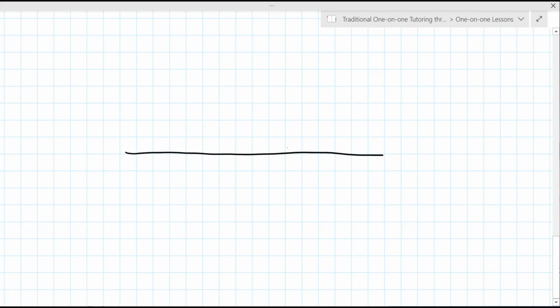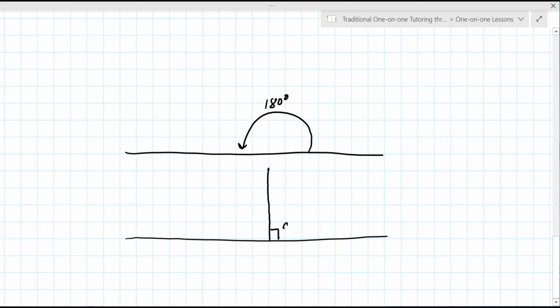If I give you a straight line and you go, like you said, counterclockwise, this is 180 degrees. Okay, so if you go straight vertical, this is 90 degrees, and then this other angle is also 90 degrees. What do these two add up to? What is 90 plus 90? 180.